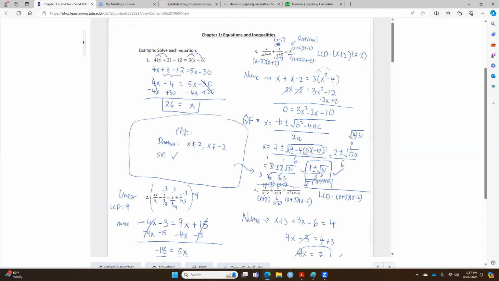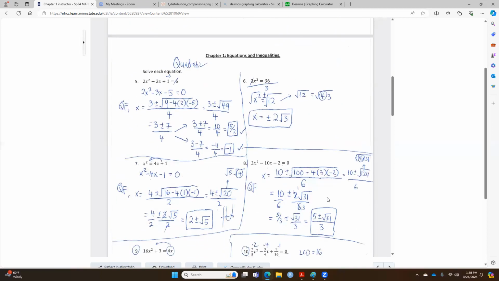So that's why when you see a square root, if you remember in the quadratic formula, we have the plus minus. That gives us what we call the conjugate pair. So if this is a zero, then the minus is also a zero. Same thing with this: if 2 plus root 5 is a zero, then 2 minus root 5 is also a zero because it's a conjugate pair.